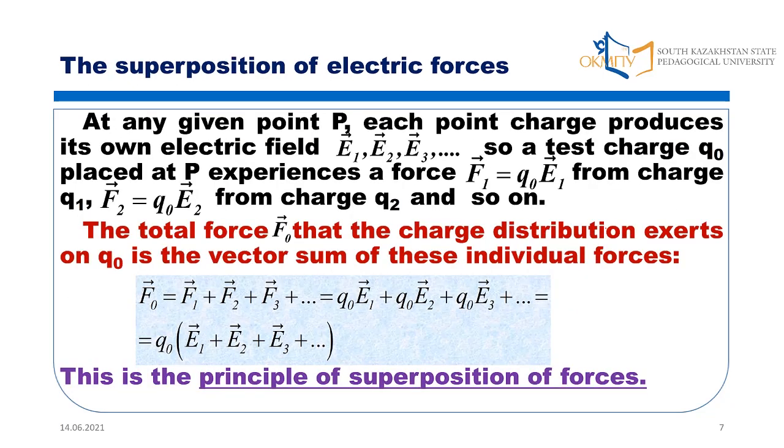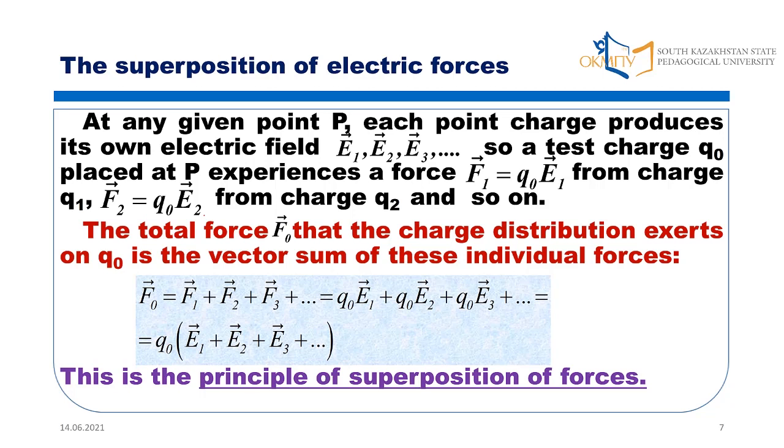The superposition of electric forces. At a given point P, each point charge produces its own electric field. So a test charge Q0 placed at point P experiences a force F1 equal to Q0 E1 from charge Q1, a force F2 equal to the product of Q0 times E2 from the charge Q2, and so on.